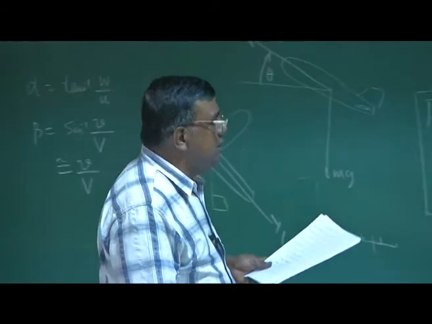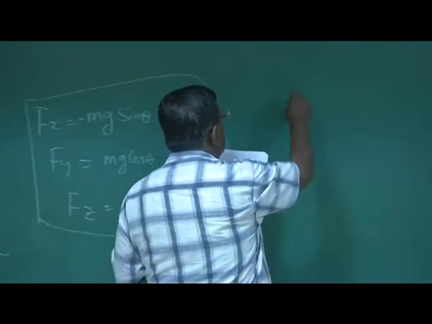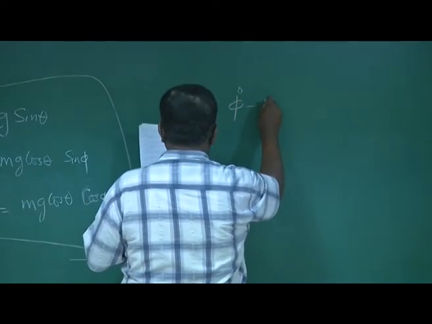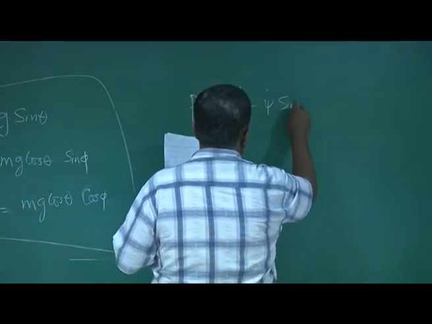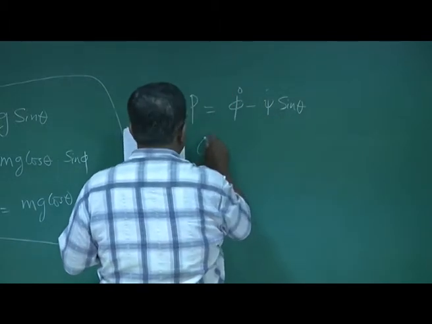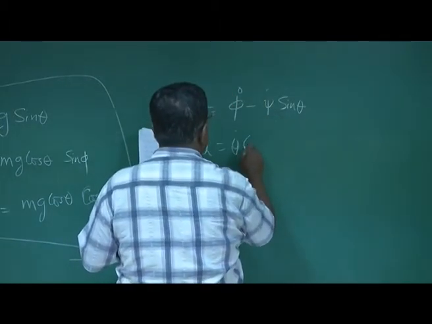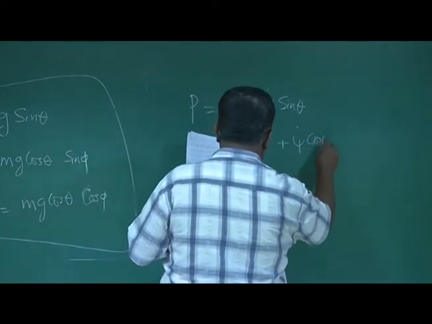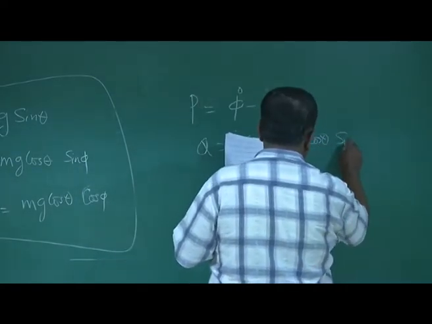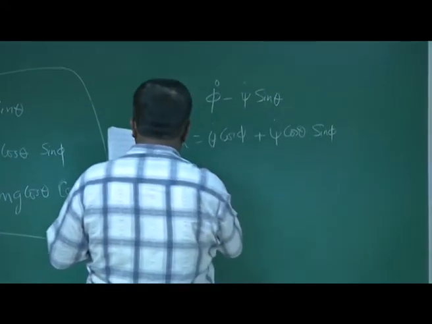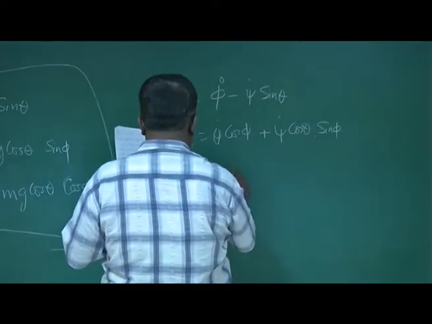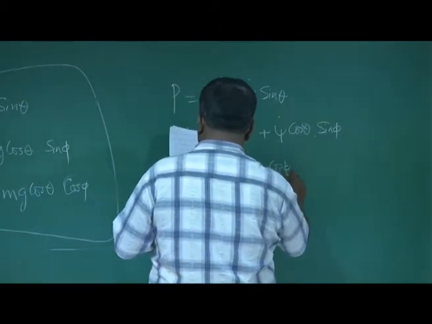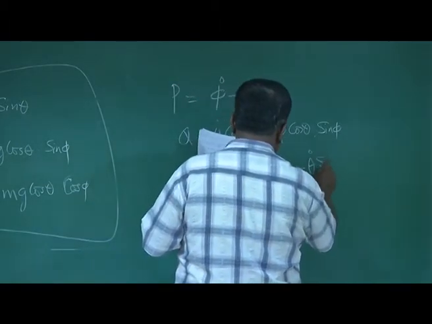To complete this six-DOF equation of motion, we need this navigation equation also, which is P equal to phi dot minus psi dot sine theta. Q is equal to theta dot cos phi plus psi dot cos theta sine phi, and R equal to psi dot cos theta cos phi minus theta dot sine phi.